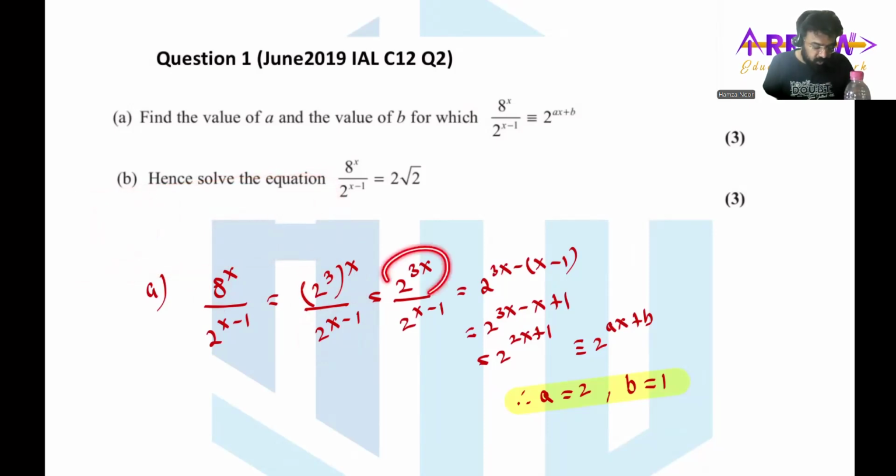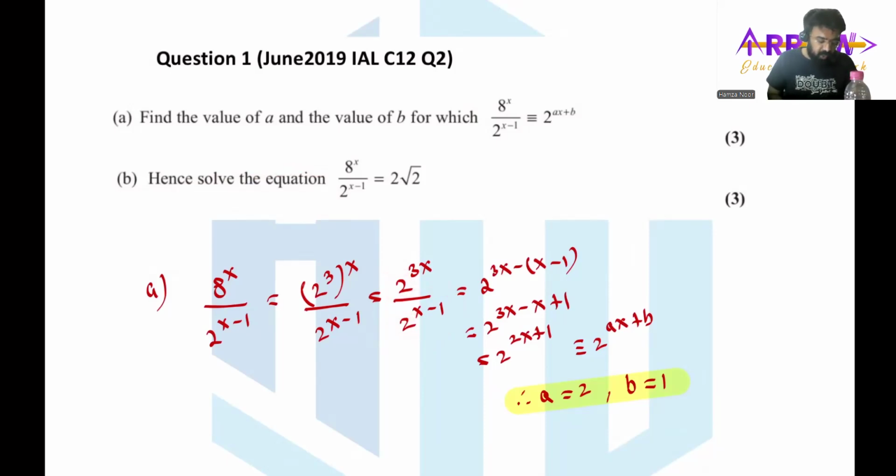So 2 raised to the power of 3x is in the numerator, and this is divided by 2 raised to the power of x minus 1. Now, according to the laws of indices, since the bases are the same and terms are being divided, the powers will be subtracted.